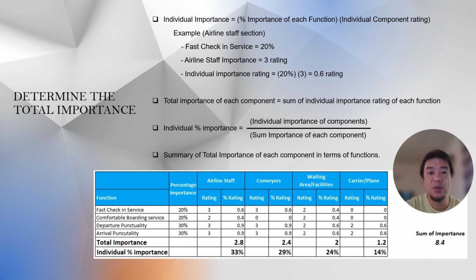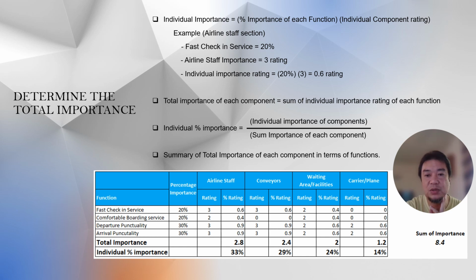Now, what is the total importance of each component? You have the result of the percent rating on each function of the components, so you just add it: 0.6, 0.4, 0.9, 0.9, that's 2.8. Now, what will be the individual importance? Airline staff is 2.8.